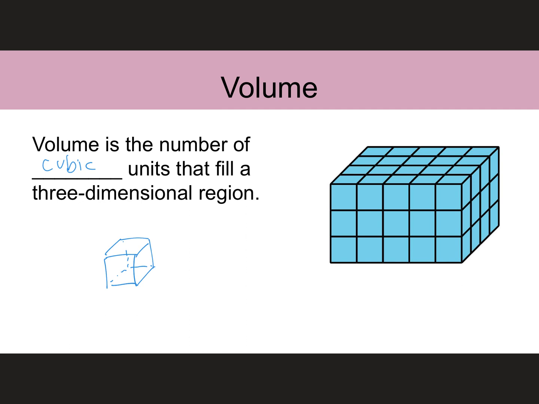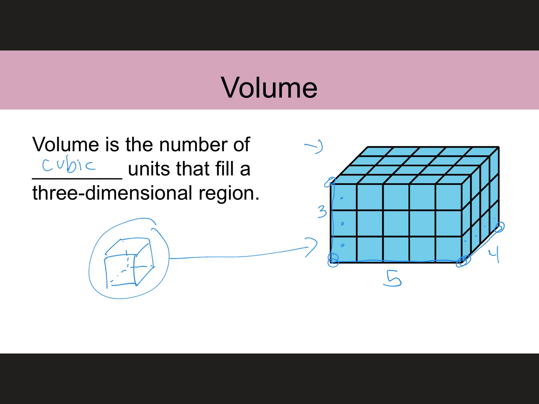So, for example, when I'm looking over here to the right, how many of these cubes can I find in this shape? Well, one way to do that is to count your base, which is 1, 2, 3, 4, 5, your width, which is 1, 2, 3, 4, and your height, which is 1, 2, 3.